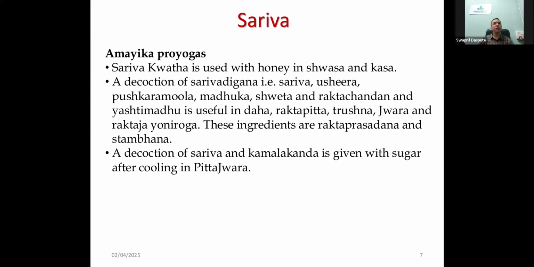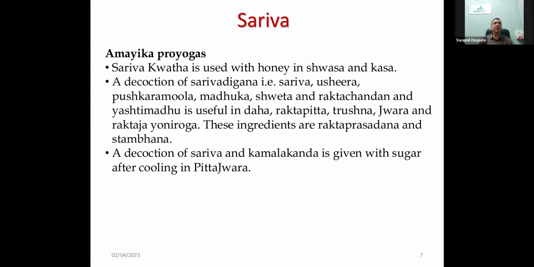We have studied Ushira, Sariva, Pushkara Mula, Madhuka, Shweta and Rakta Chandana, and Yashti Madhu. So, the combination of these herbs, or whatever is available out of these, can be mixed together and used in decoction form in Pittaja and Raktaja conditions as mentioned. Daha, Rakta Pitta, Trushna, Jwara, and Raktaja Yoni Roga. These ingredients are Rakta Prasadana and Stambhana.